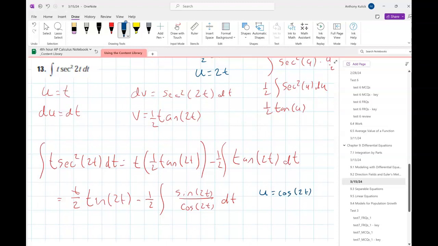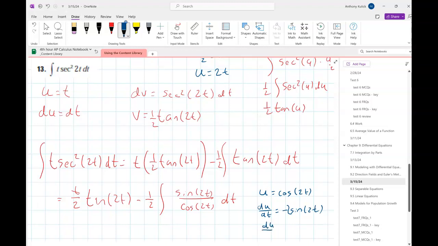And now I'm going to do a u sub there. I'm going to let u be cosine 2t. So du/dt is negative 2 sine 2t.